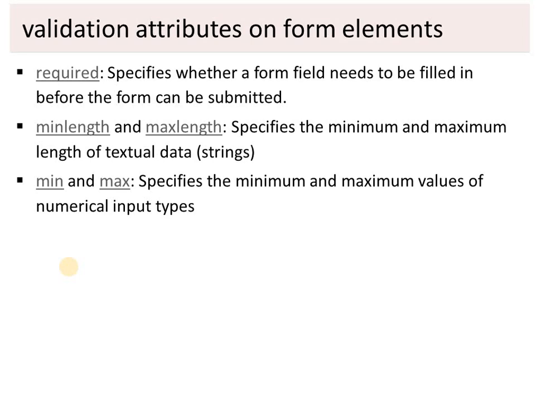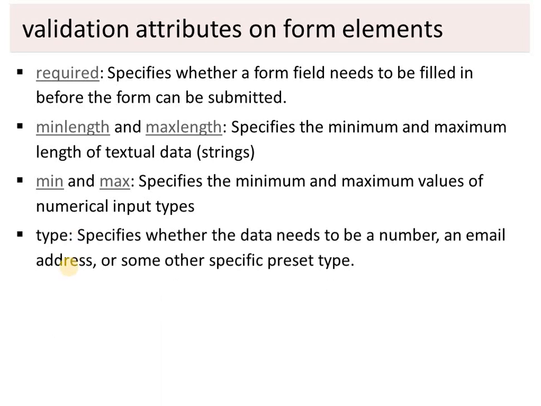So there should be a minimum requirement, that is min equals 3. That means from third semester, students can apply for it. 1 and 2 are not allowed, because we have set min equals 3. In the same way, you can also specify max equals 6. That means 3 to 6 are allowed, but more than 6 is not allowed.